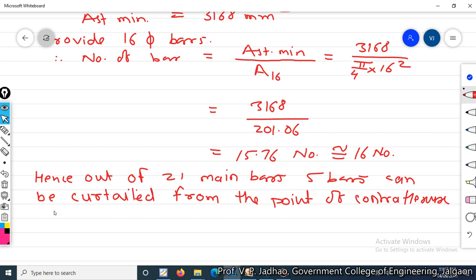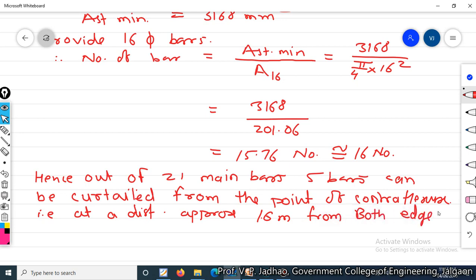Okay, that is at a distance approximately, I think, 1.585. So let us consider we are curtailing at a distance of 1.6 meter from both edges.